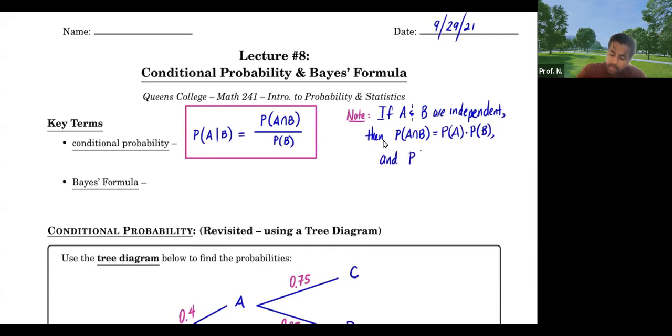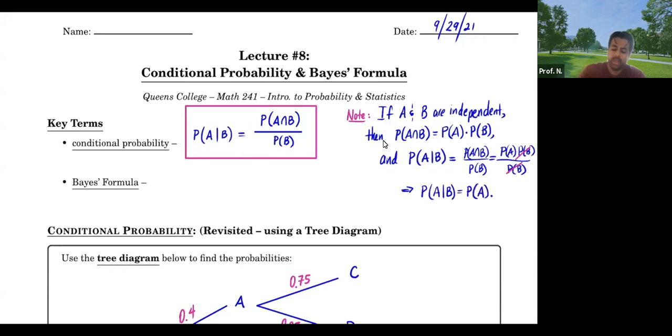And if you want to find the probability of A given B, then utilizing the formula, the probability of A intersect B divided by the probability of B, because they're independent, I can write it as the probability of A multiplied by probability of B divided by the probability of B. So the probability of B's cancel out. And what are you left with? You're left with the probability of A given B is equal to just the probability of A.